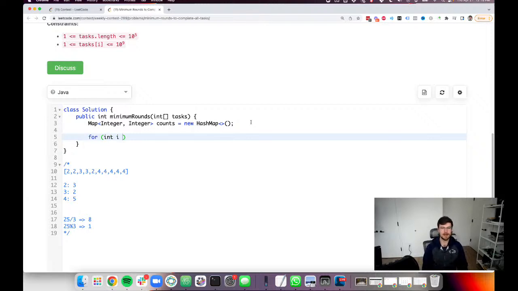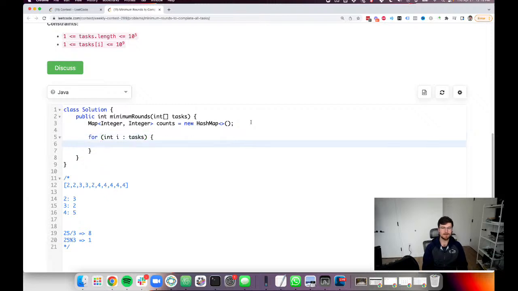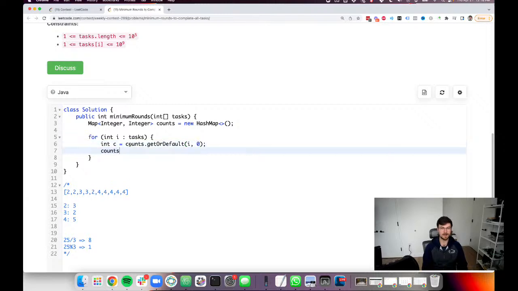We'll say for int i in tasks, our current count c is going to be counts.getOrDefault(i, 0), because we get the value and then we increment it if we need to. And that way we just say counts.put(i, c + 1). Right, so we increment it.